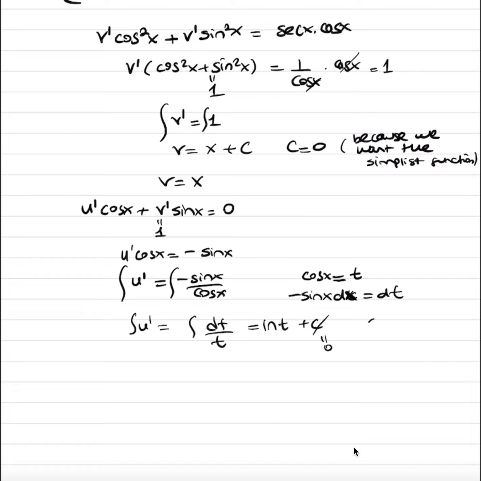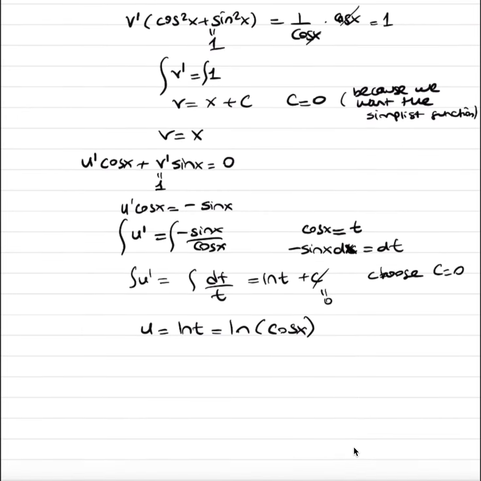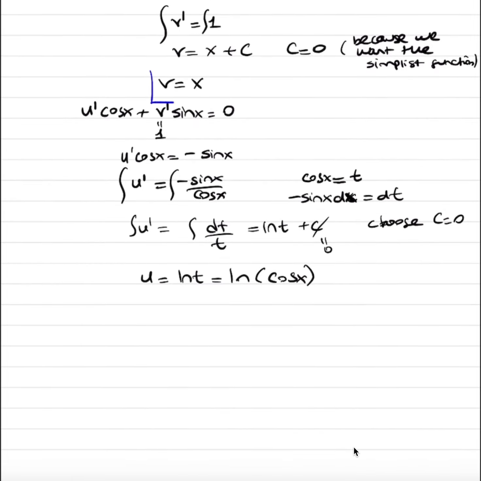Again, choose c to be 0. So we have u is equal to ln t. But what was t? So t was cosine x. So we find v to be x, u to be ln cosine x.